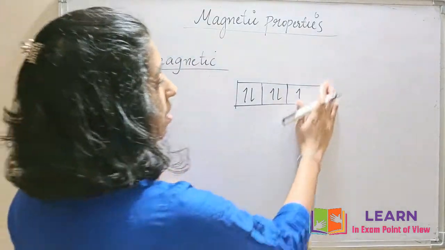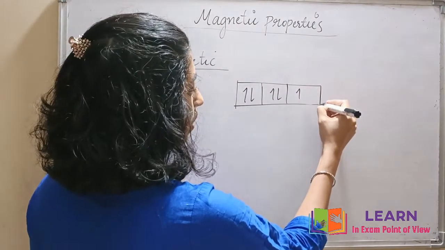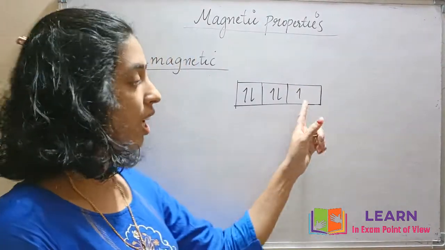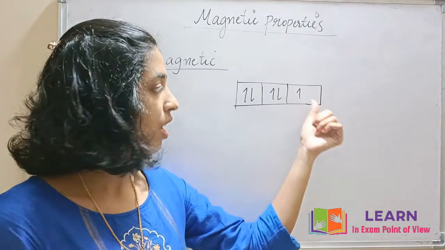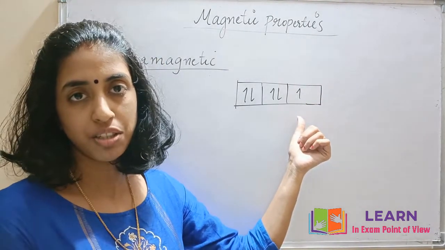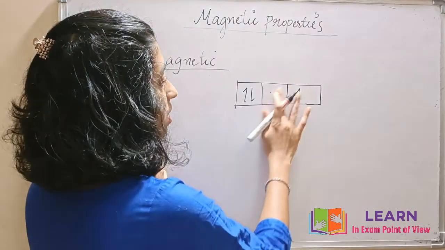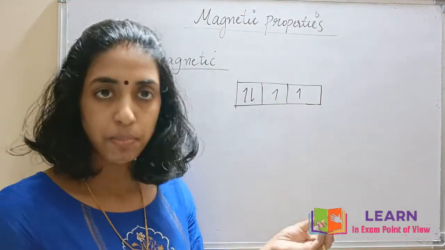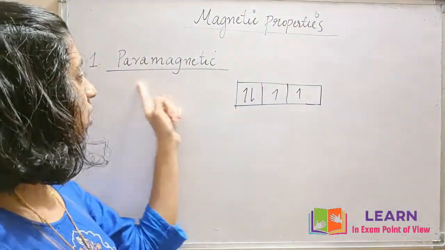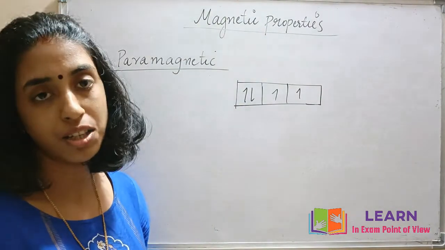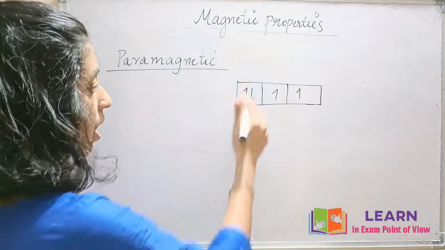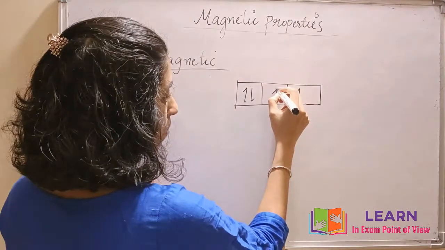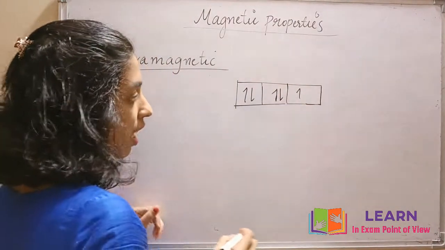So here, if you see any unpaired electron, one single unpaired electron, sometimes even two unpaired electrons, that is, if any electron is unpaired, then it will show paramagnetic property. This is called spin up, and this is spin down.